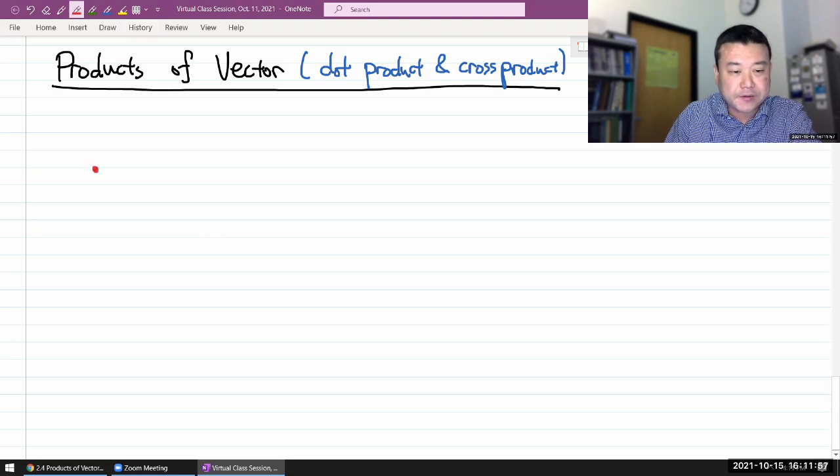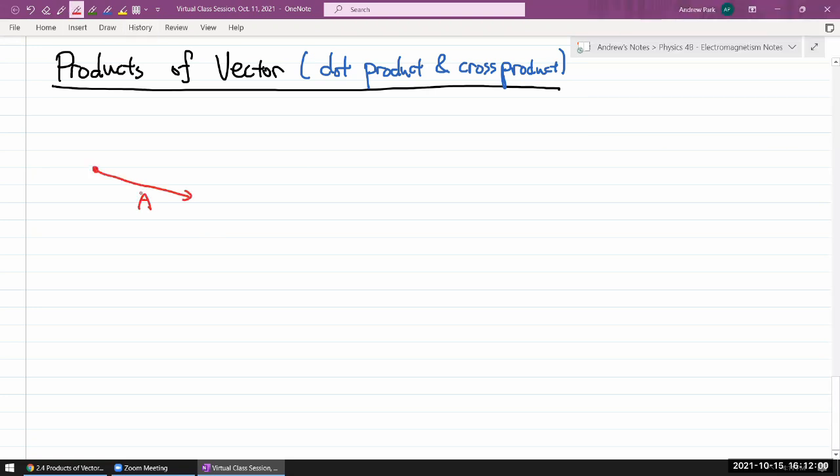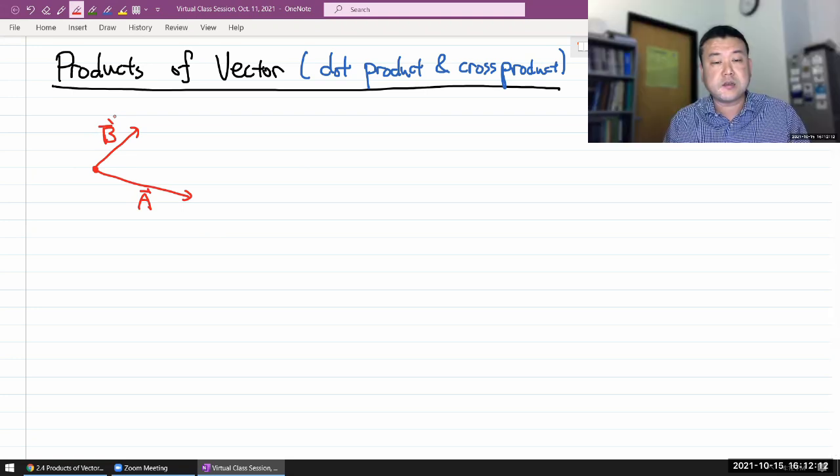I have my vector A and vector B. We introduce them as arrows, and an arrow is, I think, the most useful visualization of vectors. It has a length and it has a sense of direction, and those are both important properties of vectors. Now, what is not an important property of a vector is what position it is at.